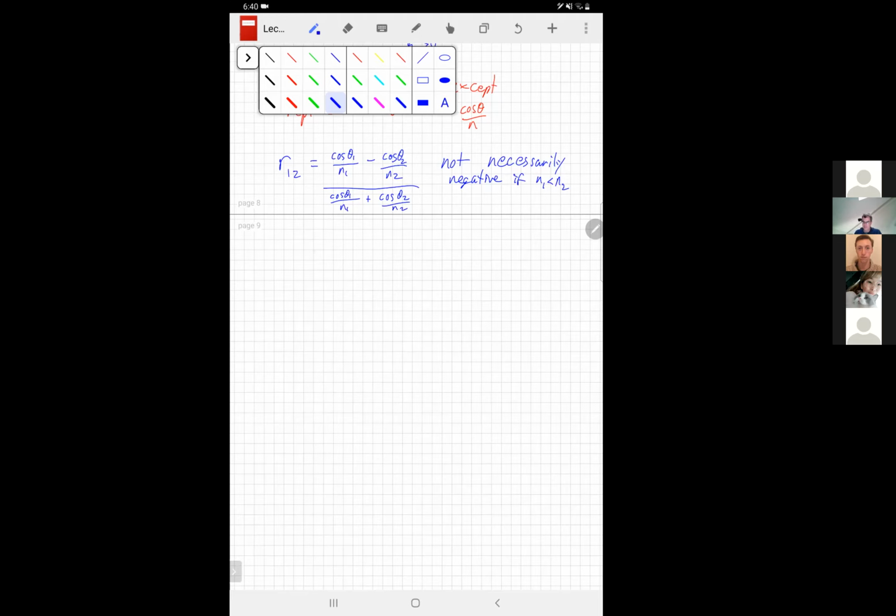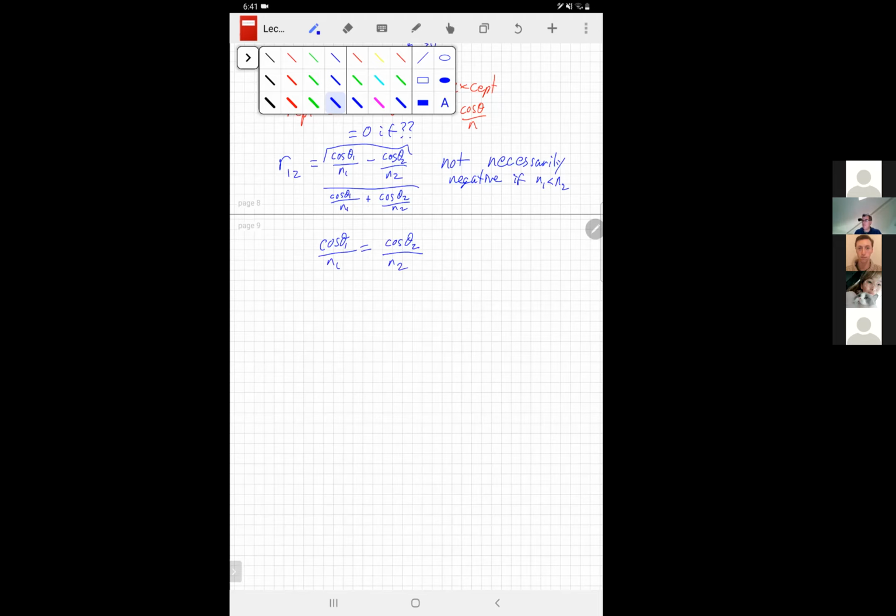But there's another thing. Let's just figure out, when is this equal to 0? Well, let's just set cosine theta 1 over n1 equals cosine theta 2 over n2.